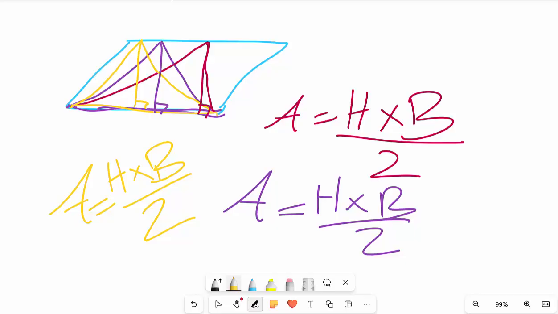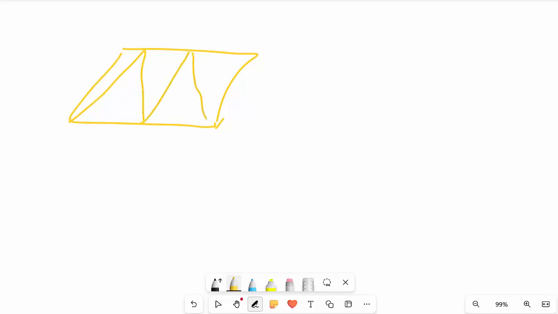So any triangle will have an area half the area of the parallelogram. What happens if we have triangles like this that divide the base of the parallelogram?